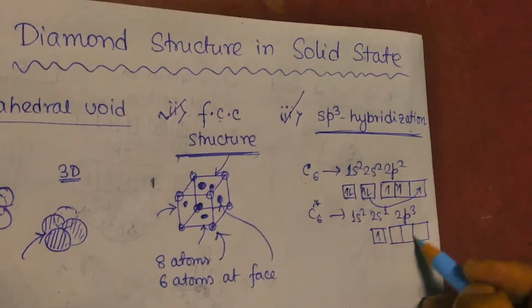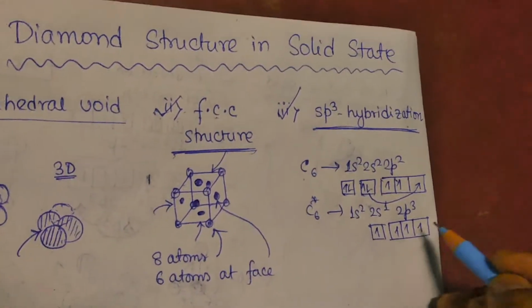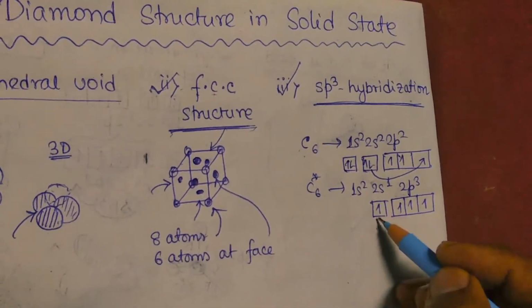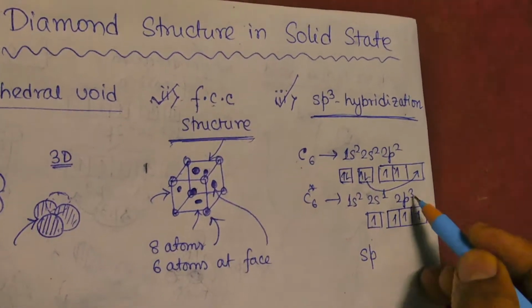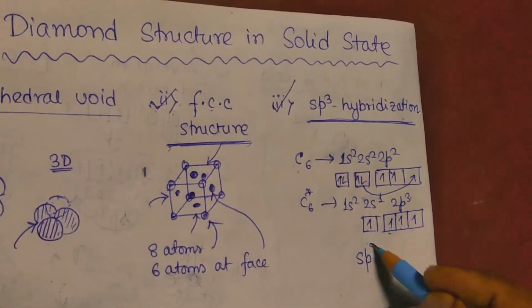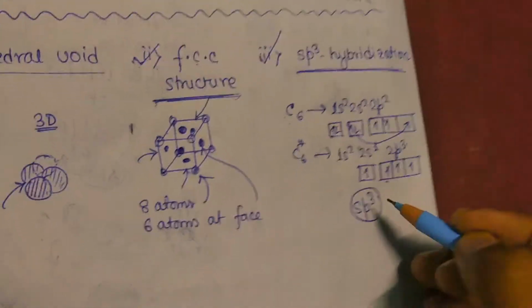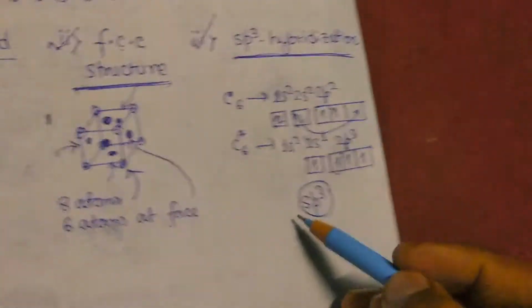One s and three p orbitals mix, and that is sp3. This is the hybridization concept in short.